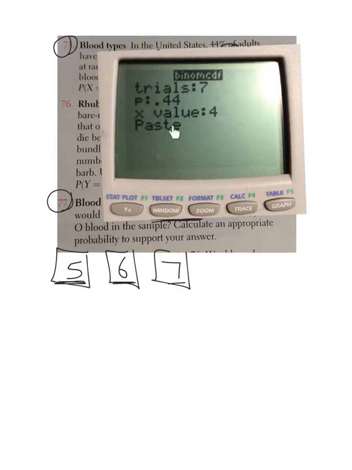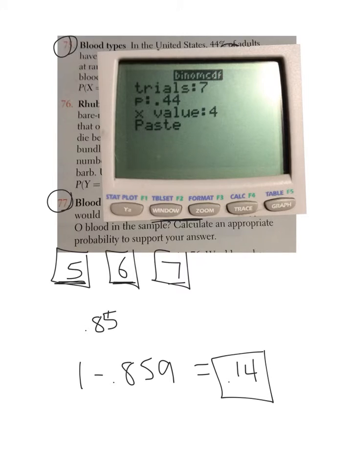So we'll take whatever we get here and subtract it from 1, which will give us what's left over. The answer for that is 0.85. So 1 minus 0.859 is approximately 0.14.